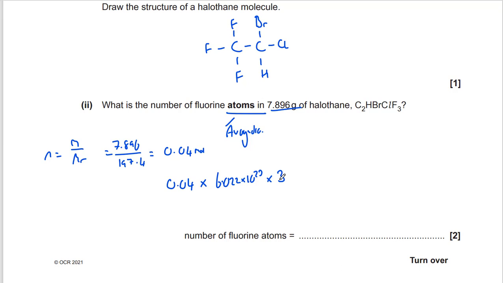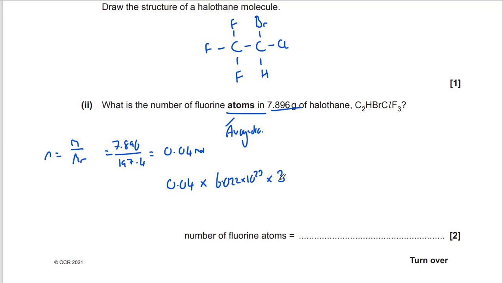Think of it as though you were working out the number of arms in a room. You count the number of people. Let's say there's 20 people in the room. Sure, that's great, you know the number of people. But if you want to know the number of arms, you would then have to multiply by 2, assuming everyone in the room has 2 arms. This is the same argument.